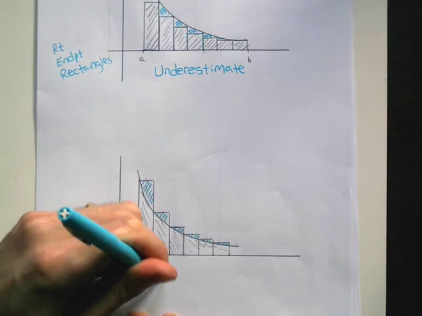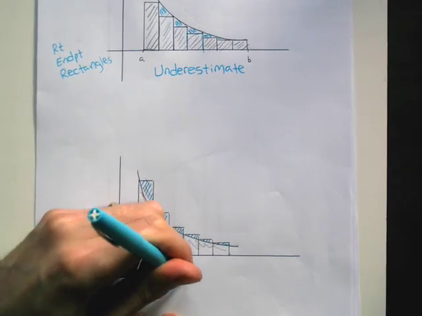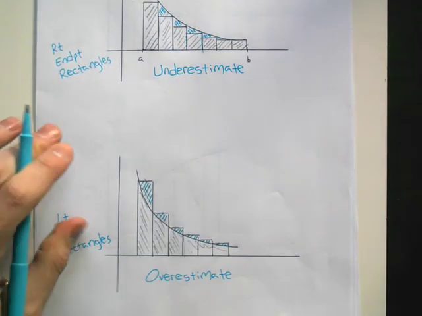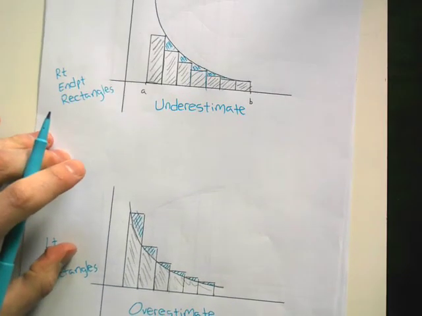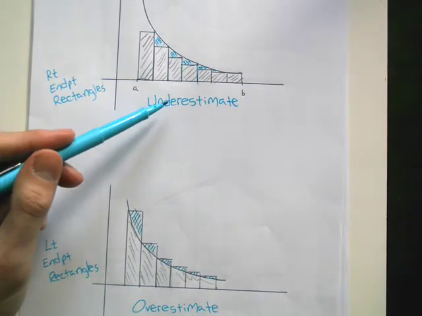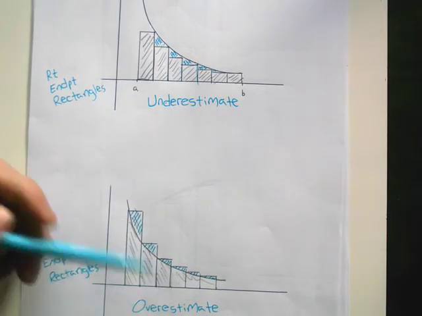So this would be considered an overestimate. In reality, the true area under the curve is probably somewhere between this answer and this answer.